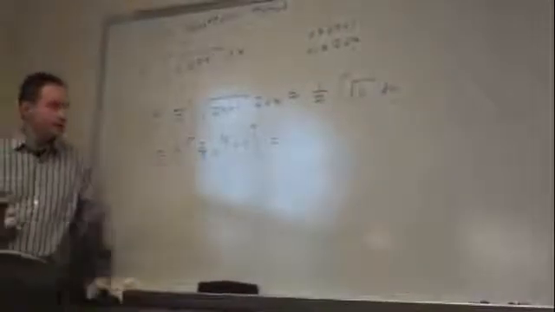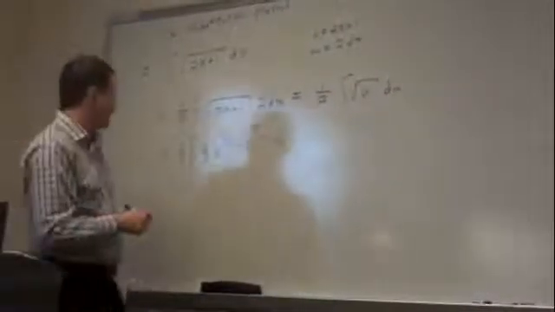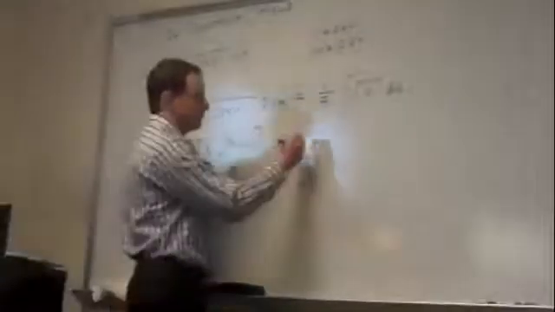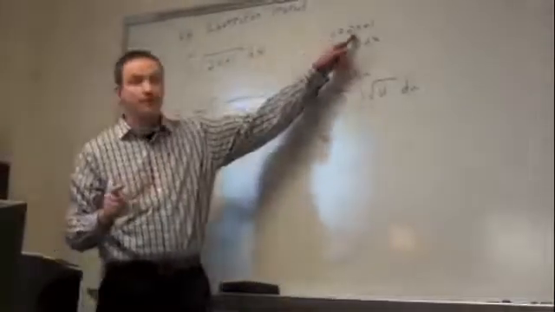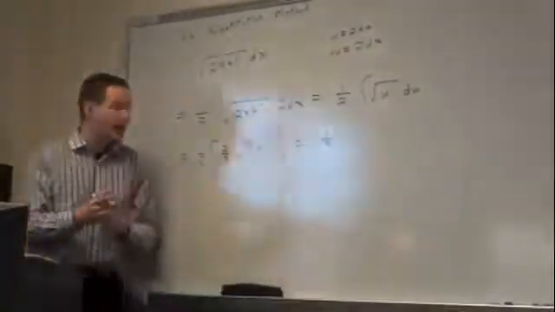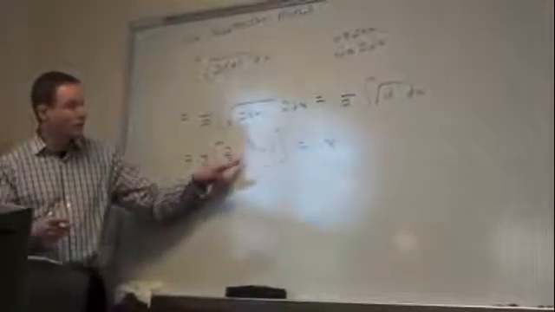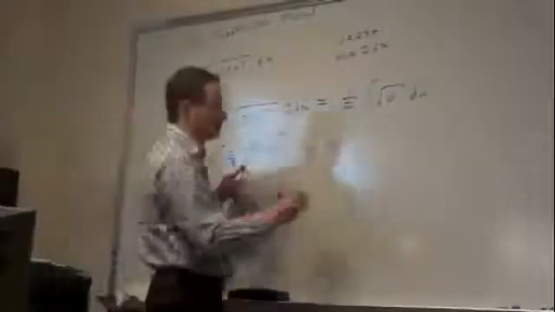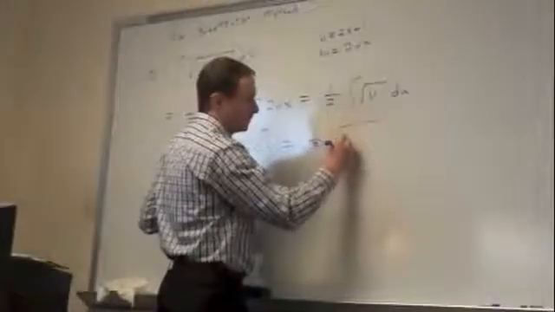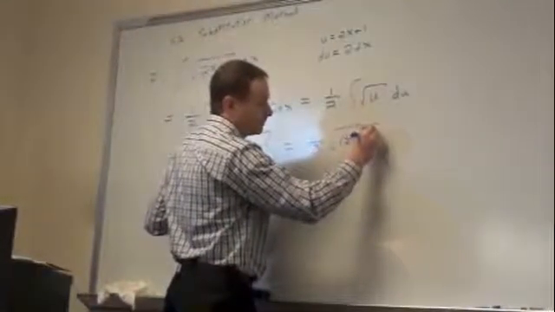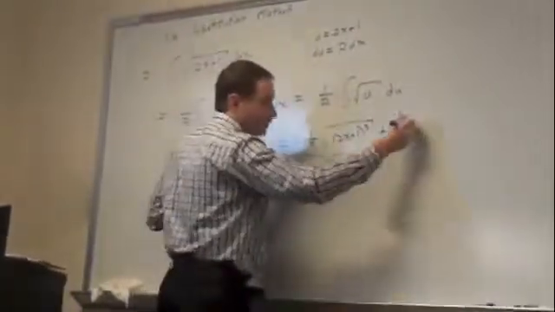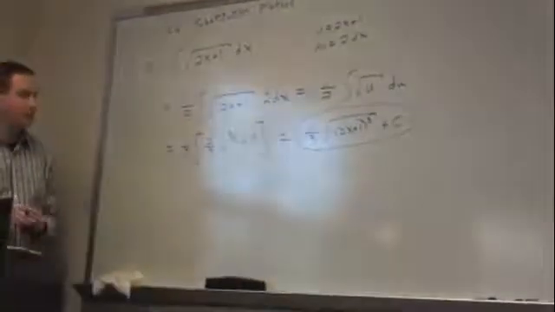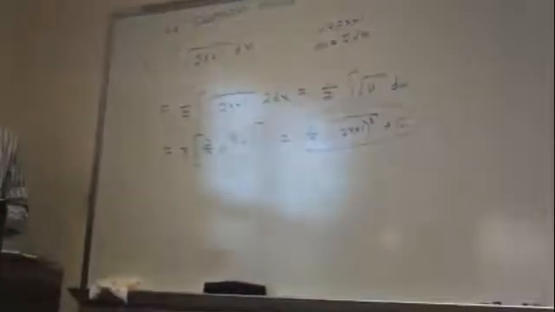So now the final answer: 1/2 times 2/3 is going to give me 2/6, which is 1/3. u is the group 2x plus 1. I'm going to put it in a radical. It's going to be 1/3 the square root of the group 2x plus 1 raised to the third power, plus the constant of integration. And again, remember, c is just any number, so it sounds silly to say 1/2 c. 1/2 c is c.